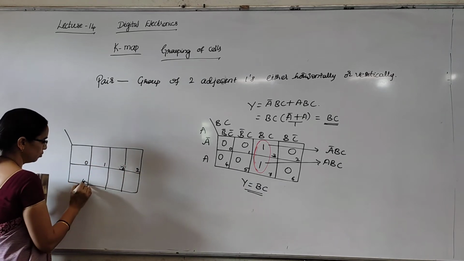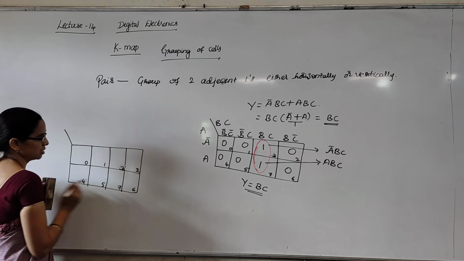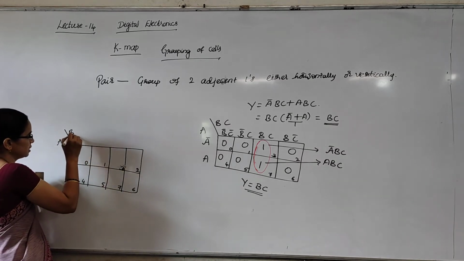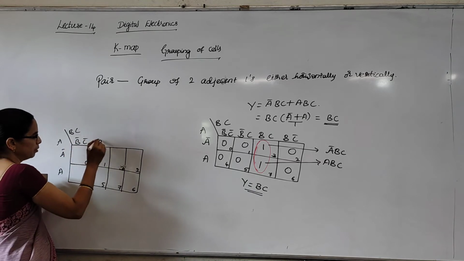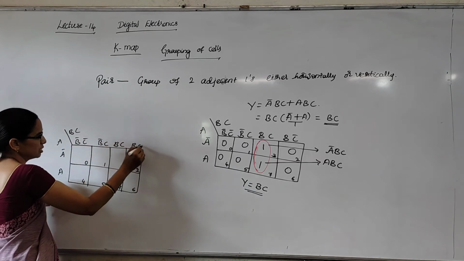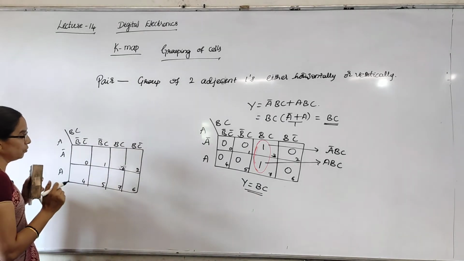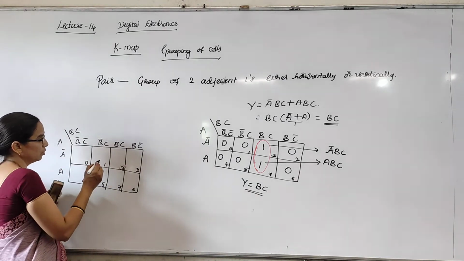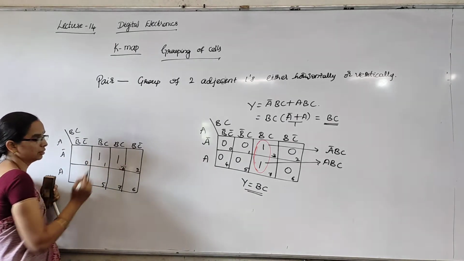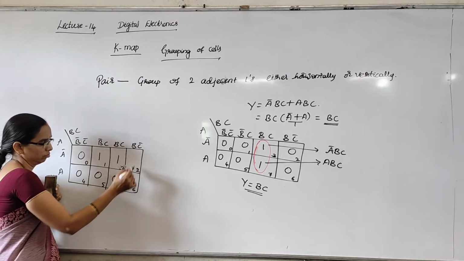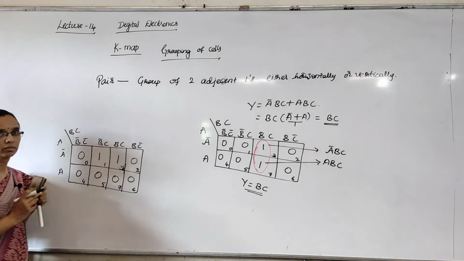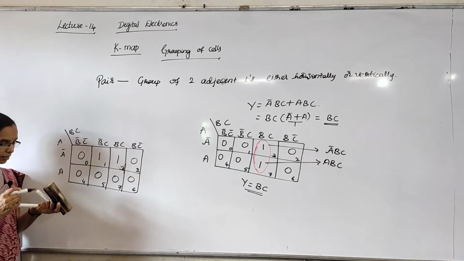2, 3, 4, 5, 6 and 7. It is A, B, C here: A bar, A, B bar C bar, B bar C, B C and B C bar. So, if I have ones here and here and all others are 0, how to group that?